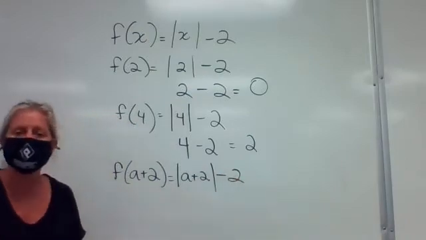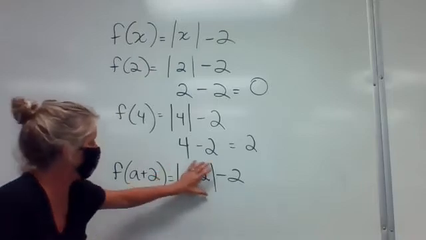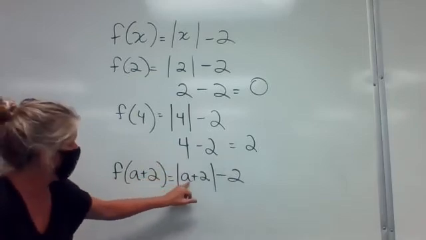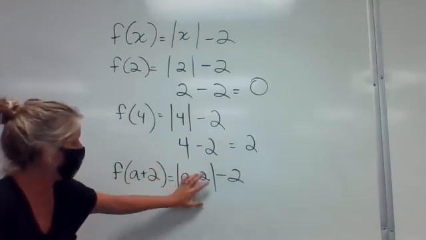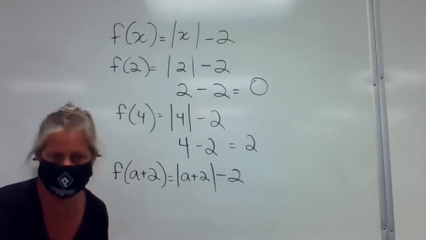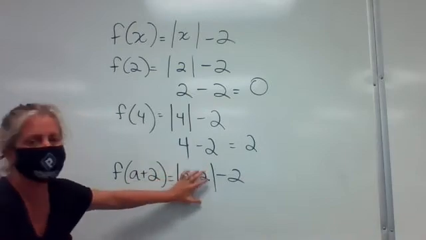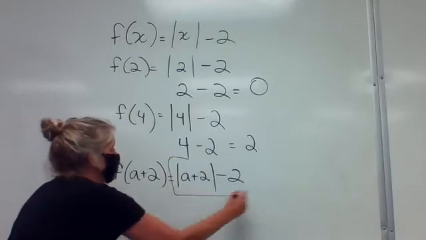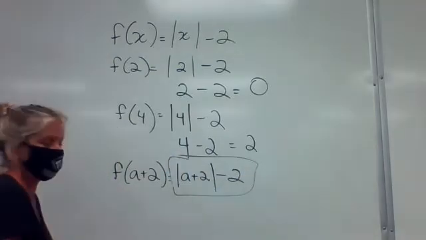This right here is as far as you can go with that. This is what you type in as your answer. Because of this a inside here, I can't bring anything out of that absolute value because I don't know what a is. I don't know what number it is. So that way I can't simplify this. So this right here is what you'll type in as your answer.